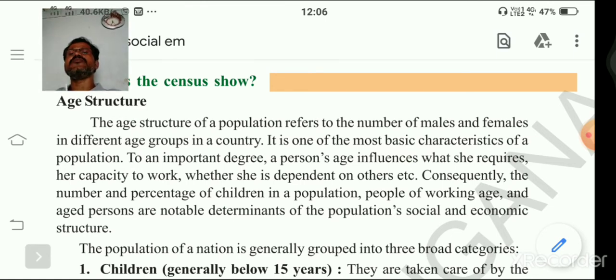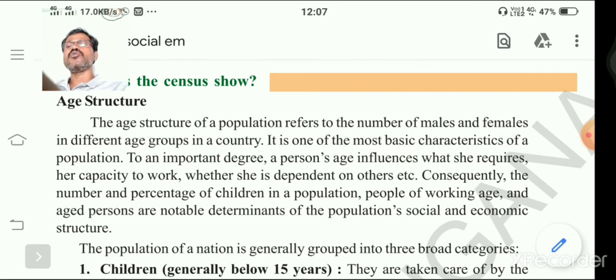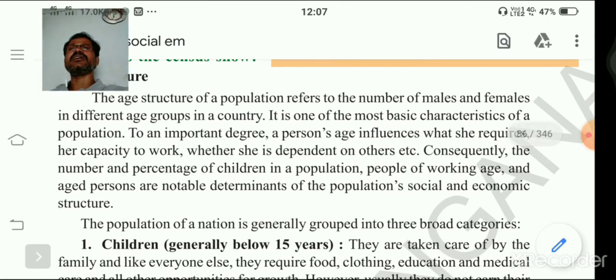When it comes to the males and females in the age structure, if males are more and they are young, then it is the responsibility of the government to provide employment to these youth. That means age structure will indicate how the government has to go for taking programs for the development of the people, right?